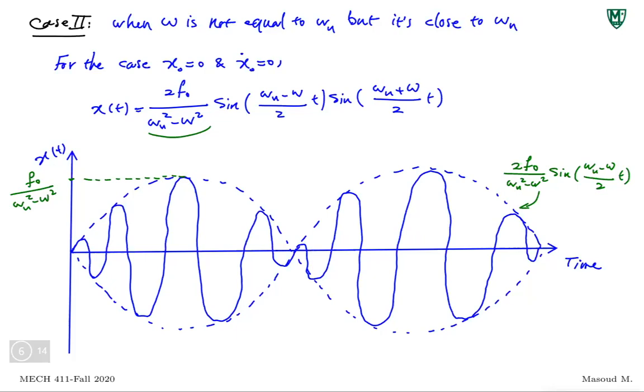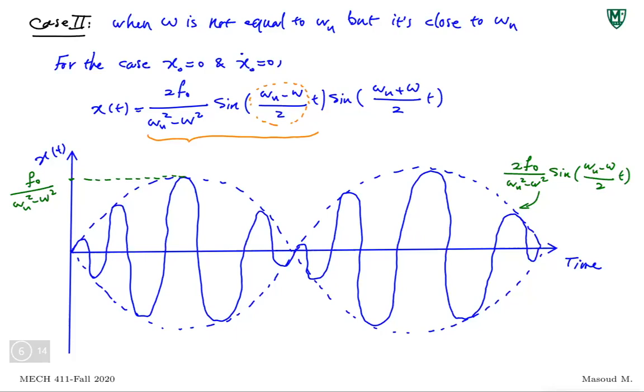So the first term is a term with a very long time period. Right? First term, I'm talking about this term. If you look at the frequency here, omega n minus omega over 2, omega n and omega are very close to each other. So the numerator is a small number.